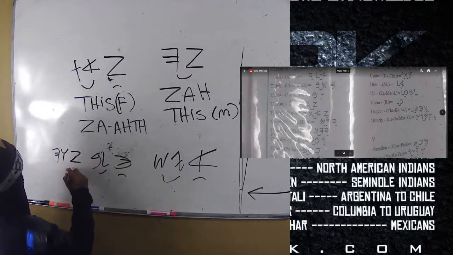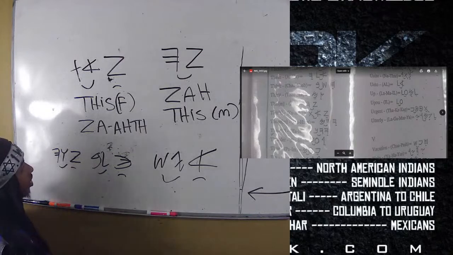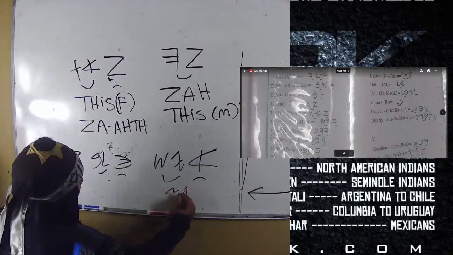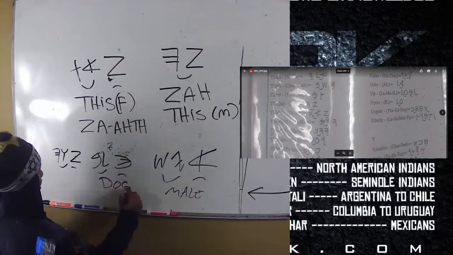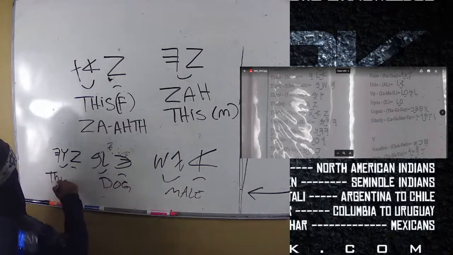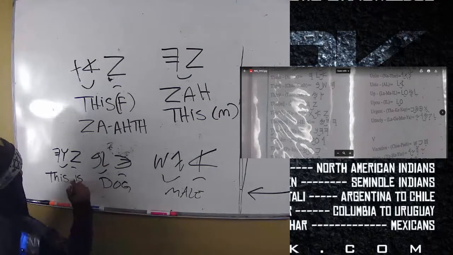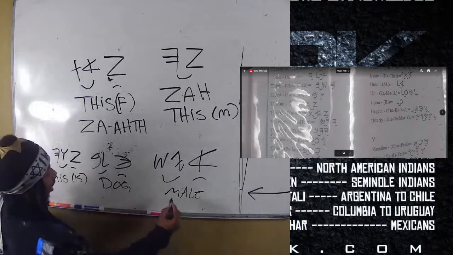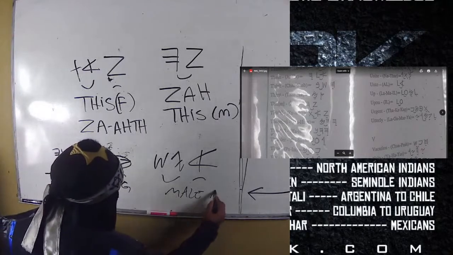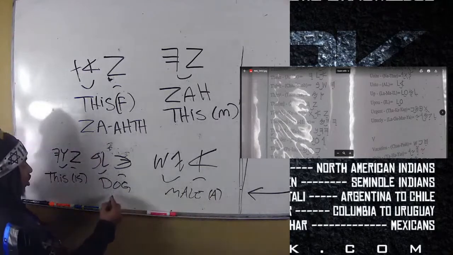But we can stick with the rule too. Zawa. You can say male dog, this is. Or this is a male dog. A male dog, this is.